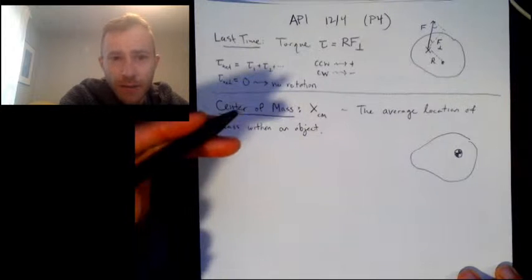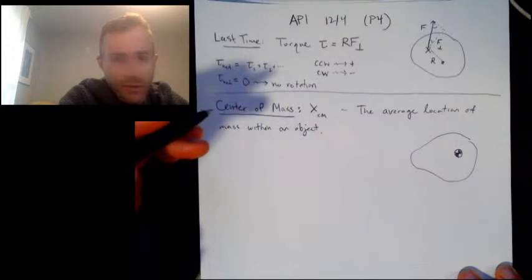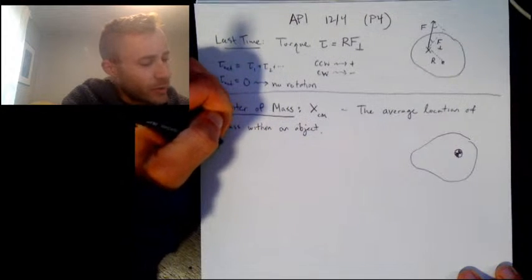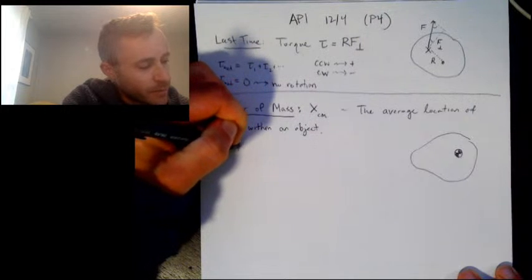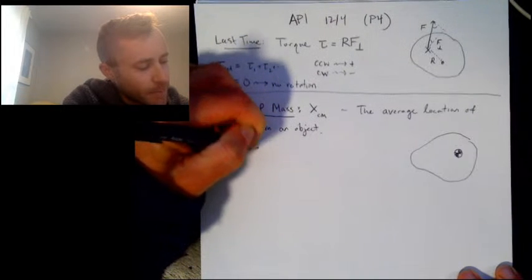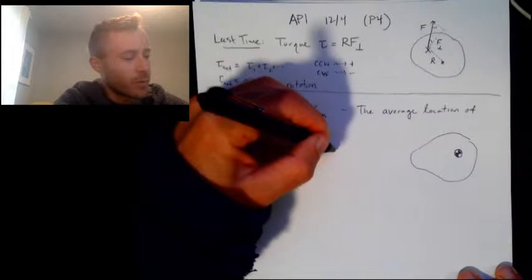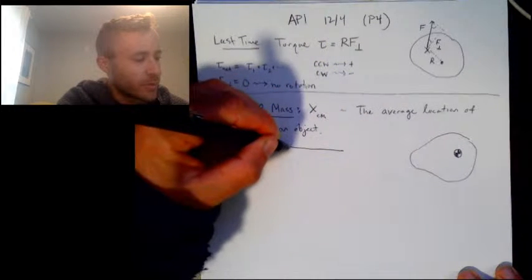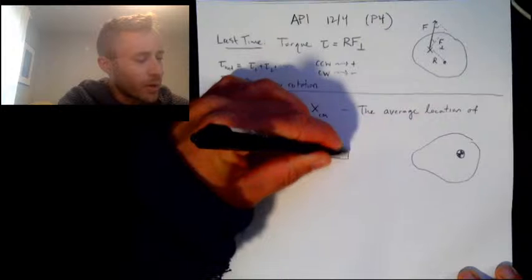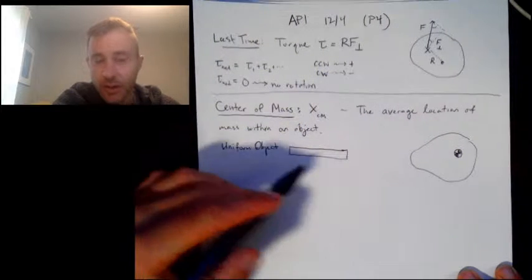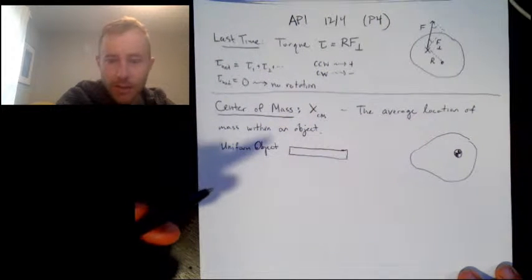Now, often you have a uniform object. Okay, so let's say I had a uniform rod, for example. When I say a uniform rod, I mean that the rod has a constant density throughout. Okay.